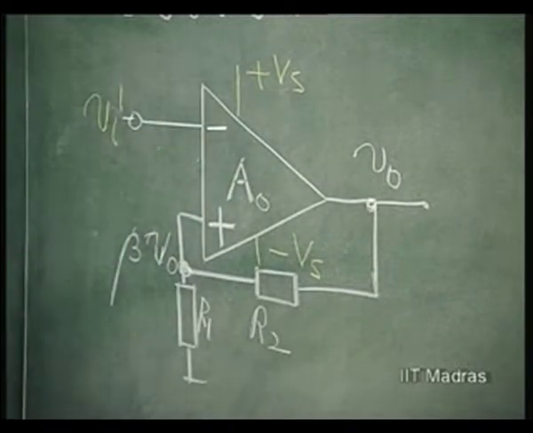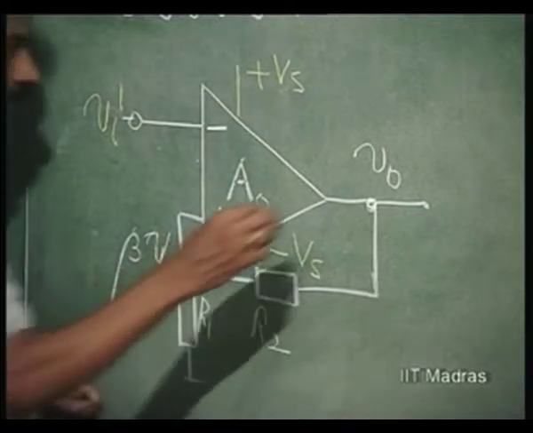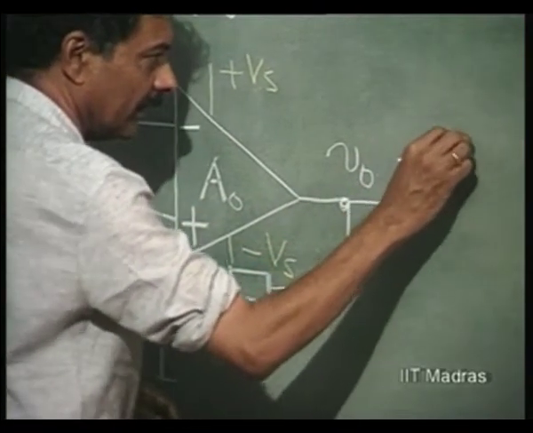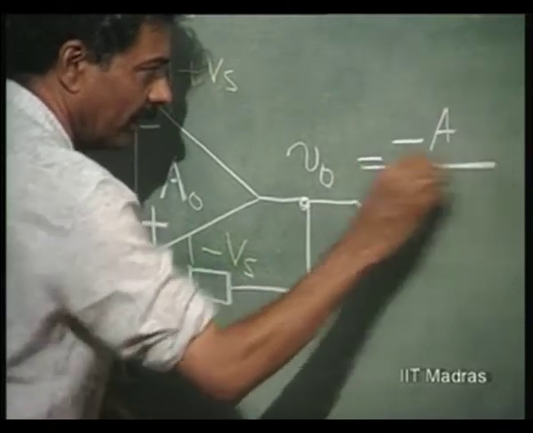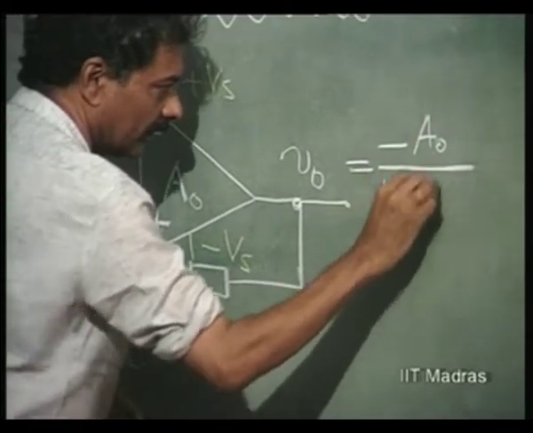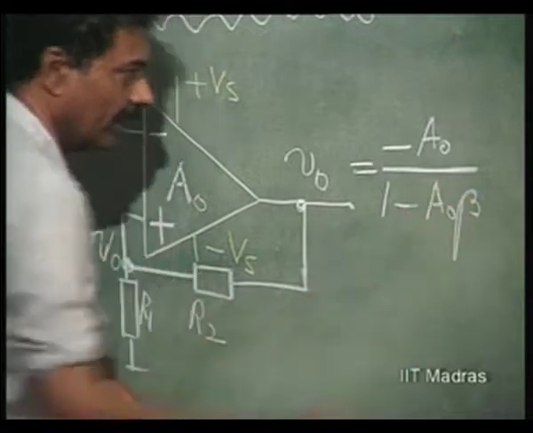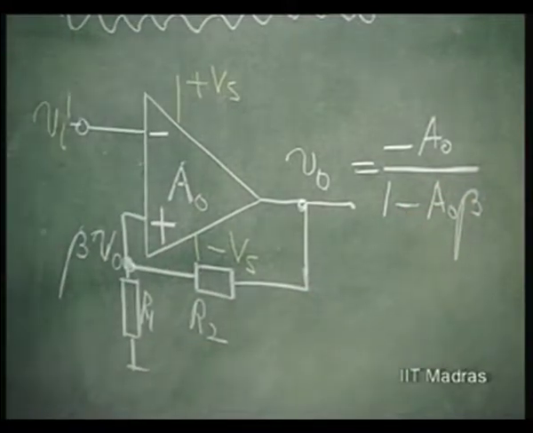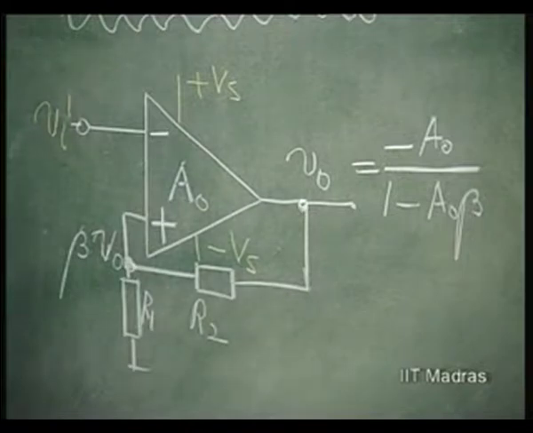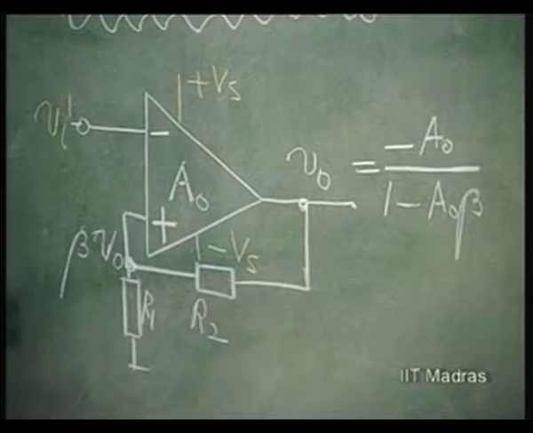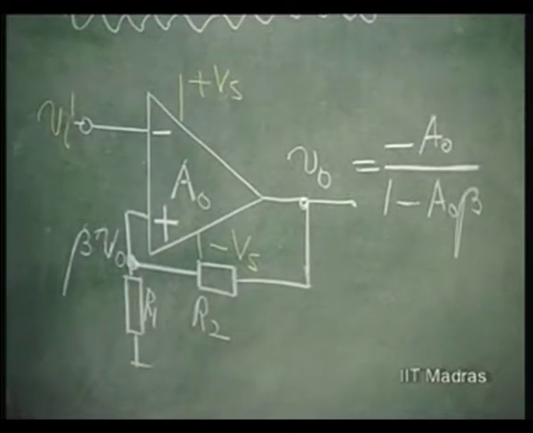So, under this situation we saw that the gain is going to be minus A by 1 minus A naught beta. A naught is the DC gain independent of frequency. So, instead of A we will put it as A naught. We are now considering A naught as a number, 10 to the power 5 or 10 to the power 6 or something like that.